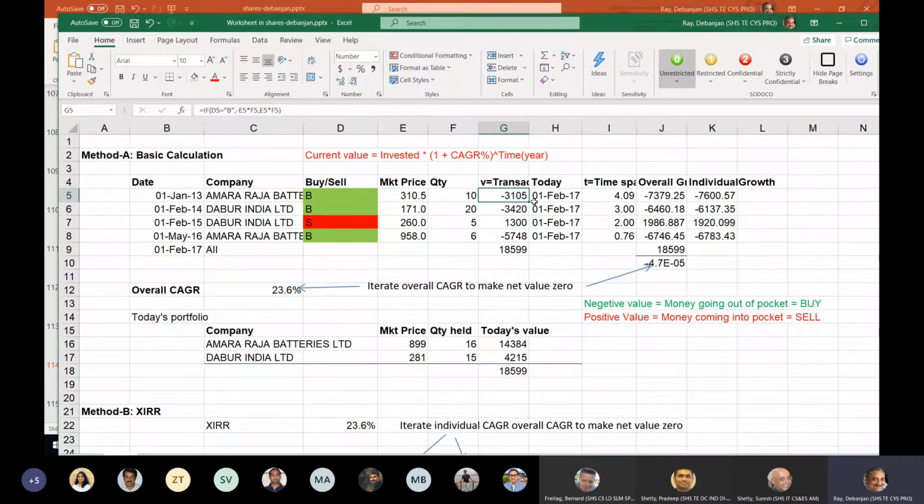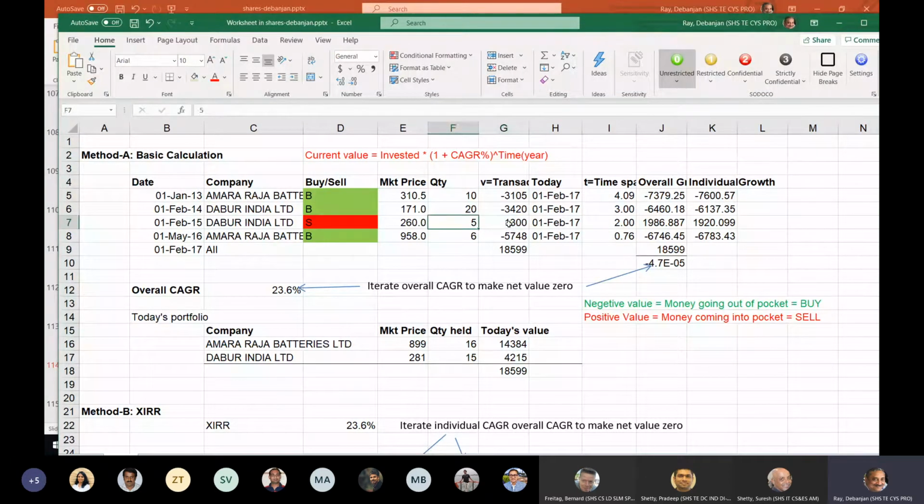Interesting, the value is negative because imagine your pocket, and from your pocket 3,105 rupees has gone out. Whenever the money is going out, you consider it as negative. Whenever money is coming back, that means you are selling some stocks, it is positive. Okay. So here we have sold the same stock, but in a different quantity.